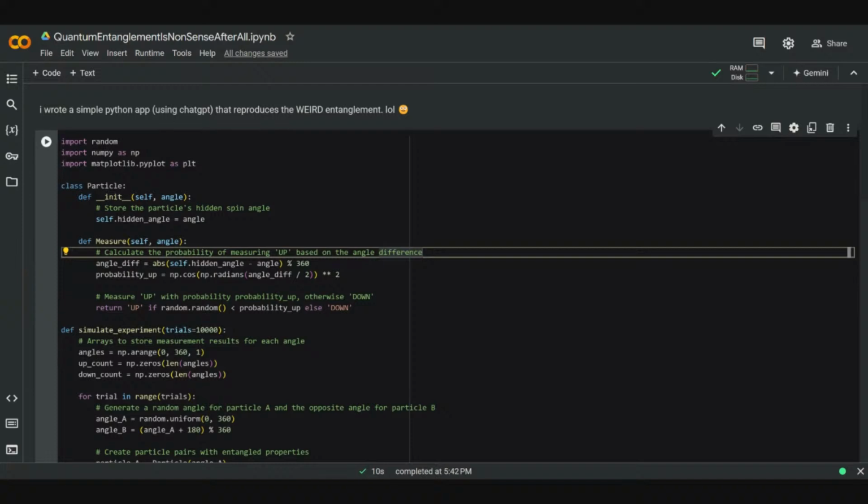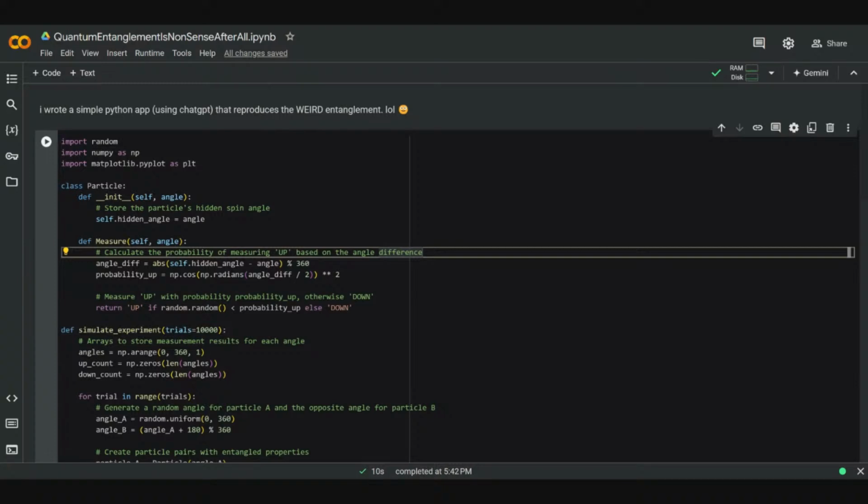At 180, wait, the cosine at 90 degrees, let's see.